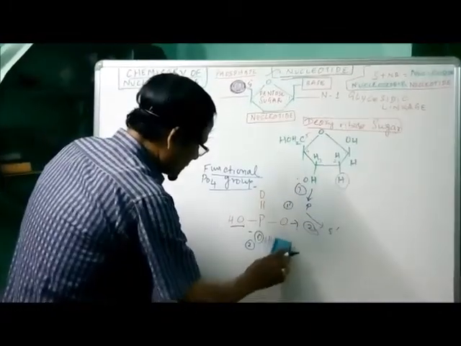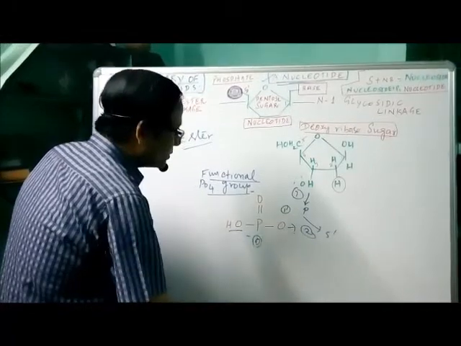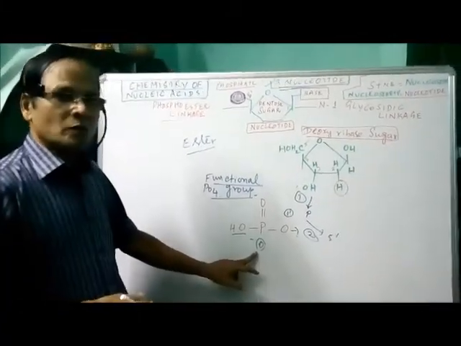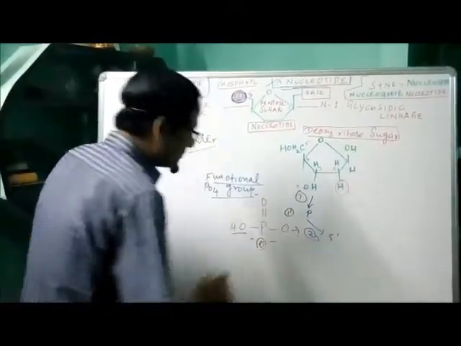So at the formation of the phosphodiester bond, one oxygen atom is left, and that oxygen atom is negatively charged.